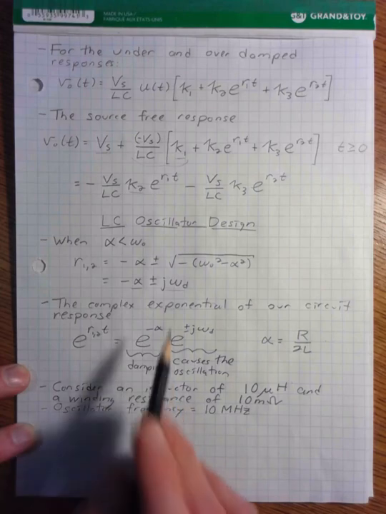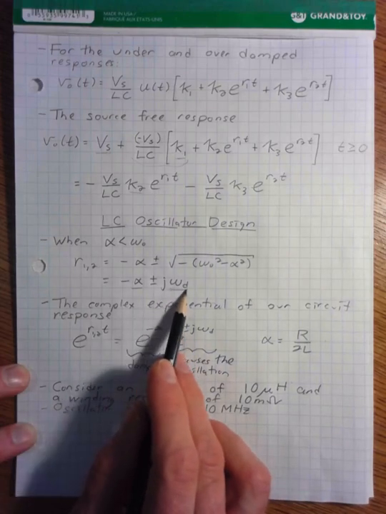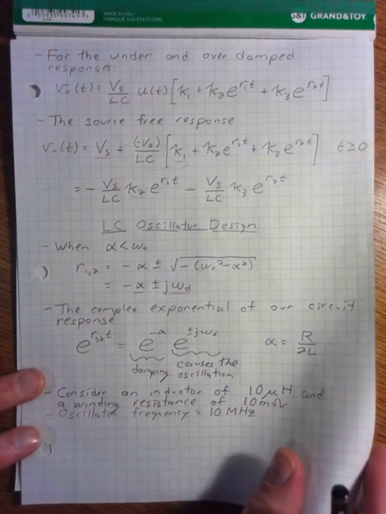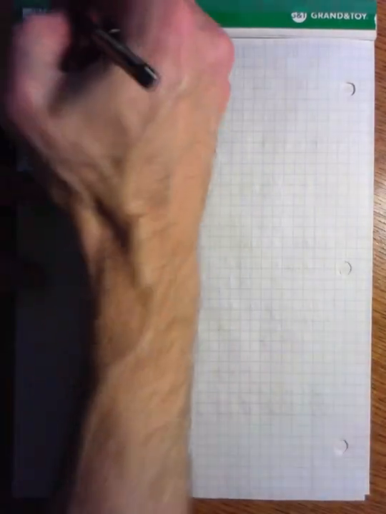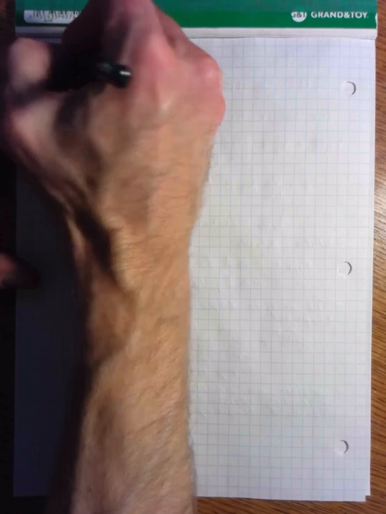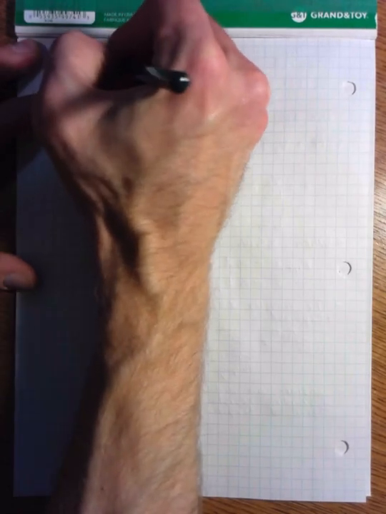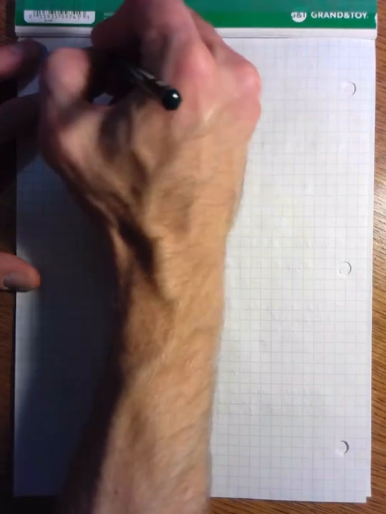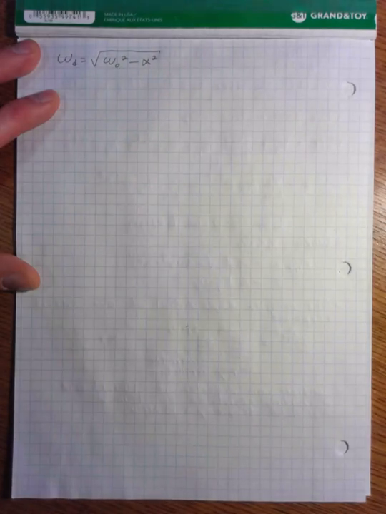And we do that by setting omega d, our damped frequency, equal to our oscillation frequency and then solving for C. So we know that omega d is equal to the square root of the natural frequency, omega naught squared, minus the Neper frequency, alpha, squared.